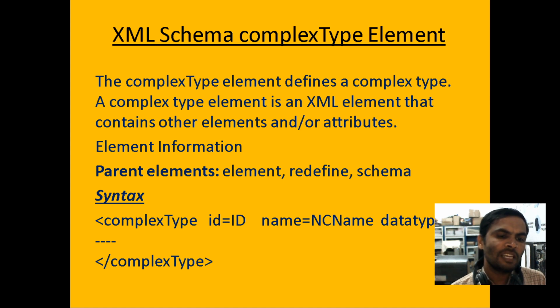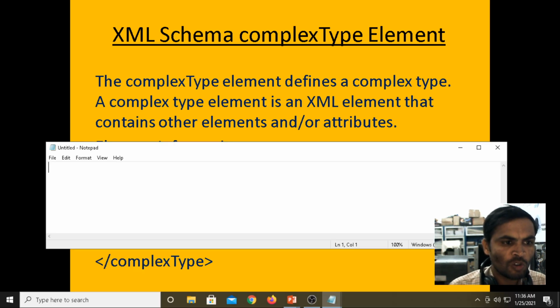For the complex type elements, we have the attributes ID, name and data type. It is similar to your simple type. If you want to write any XML program for complex type or simple type, see here, I am opening Notepad.